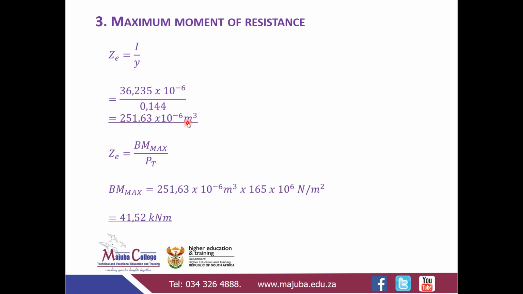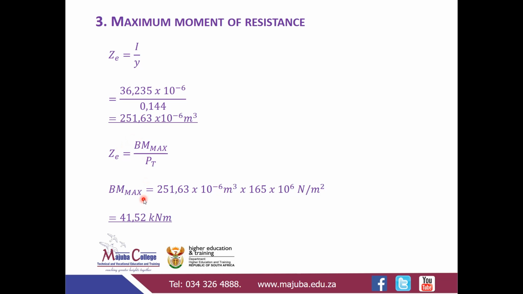Okay, and this is your section modulus. You need this value to calculate the maximum bending moment. Here's another formula for section modulus. All right, bending moment over the maximum allowable bending stress. So we're gonna make maximum bending moment our subject of formula by multiplying these two here.